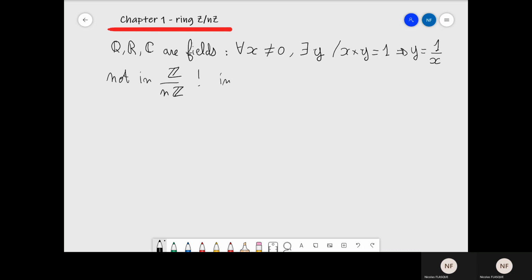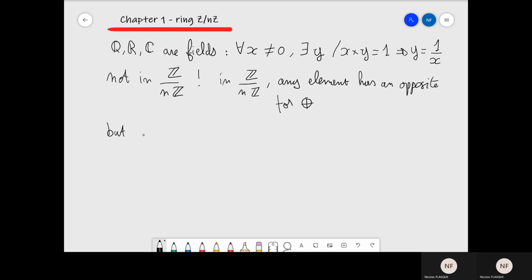Actually, in Z over NZ, any element has an opposite for the addition law. That's quite straightforward, and perhaps I will take an example later to show you how to get an opposite of any element.